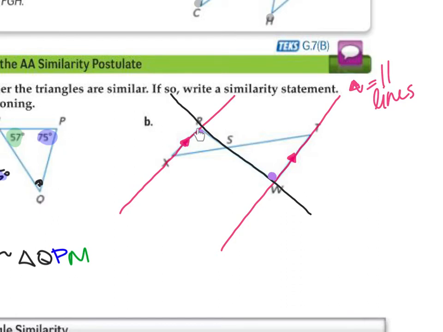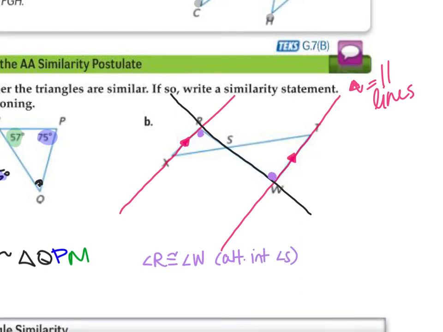Knowing what I know about parallel lines and a transversal, by the alternate interior angle theorem, angle R and angle W must be congruent. So angle R is congruent to angle W, and that's by alternate interior angles.